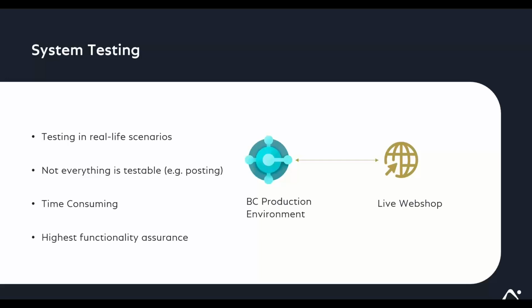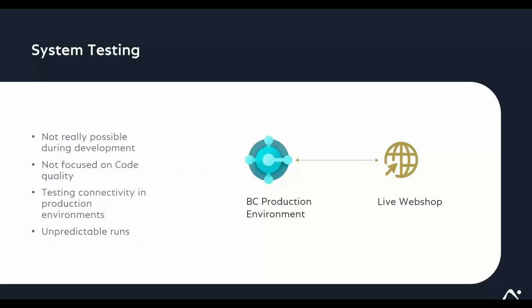You cannot test everything, because if your testing includes posting, you cannot do test postings in live environments, and that's the biggest disadvantage. And we have a very high advantage, which is that we have the highest functionality assurance, which means you test the real scenario, so if it works, it will also work later.